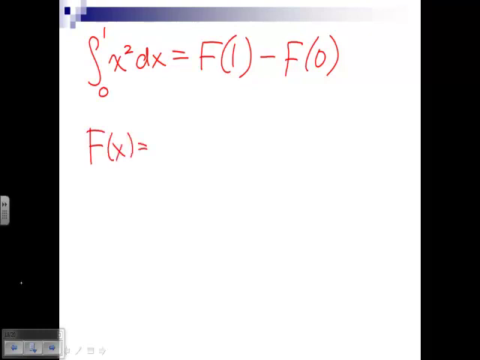What function could I write here that if I took its derivative, I get x squared? 1/3 x cubed. Let me try that. If I took the derivative of this, the 3 comes down, changes into a 1, reduce the power, I get x squared. This is the antiderivative of that. So this integral is equal to big F of 1 minus big F of 0.